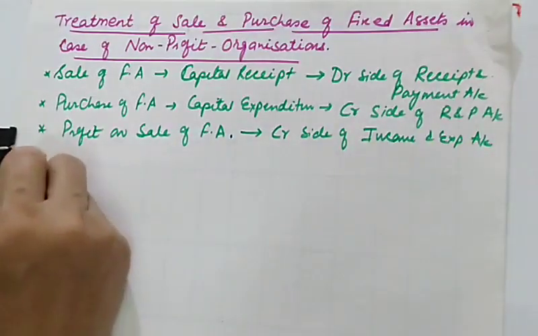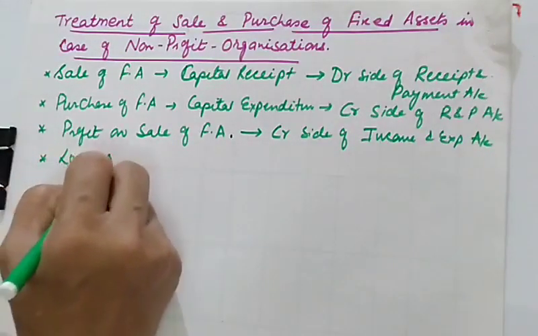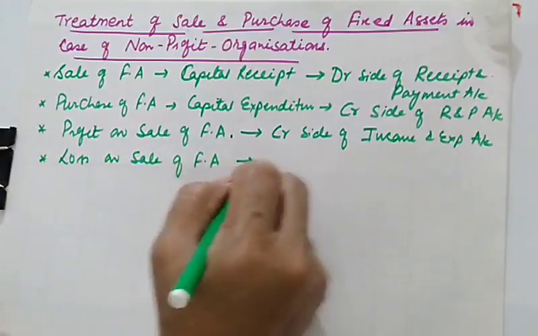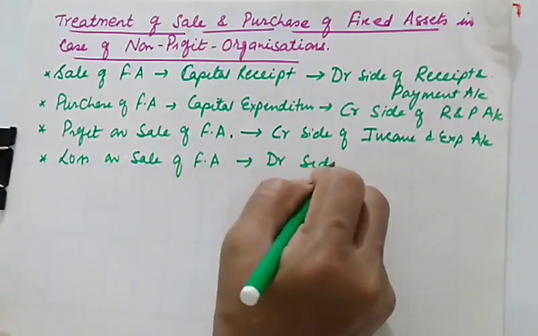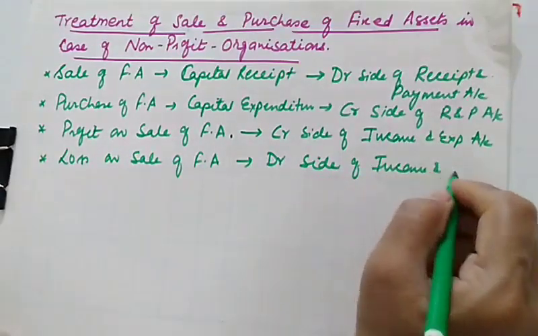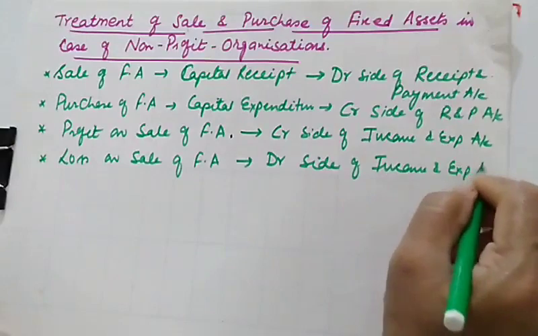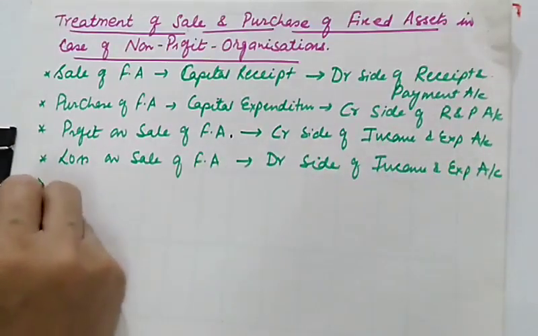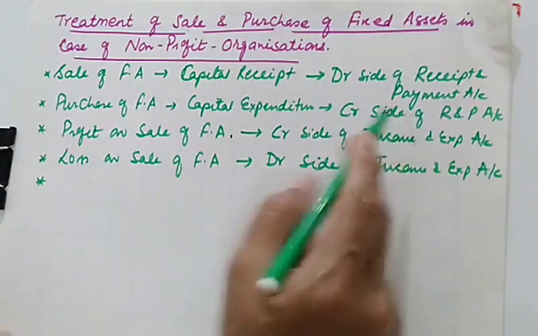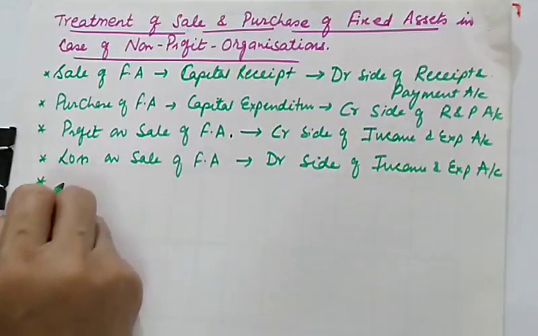And likewise, if there is loss on sale of fixed asset, it will be shown on the debit side of income and expenditure account. And one more thing, that when you purchase a fixed asset, we need to suitably depreciate it.